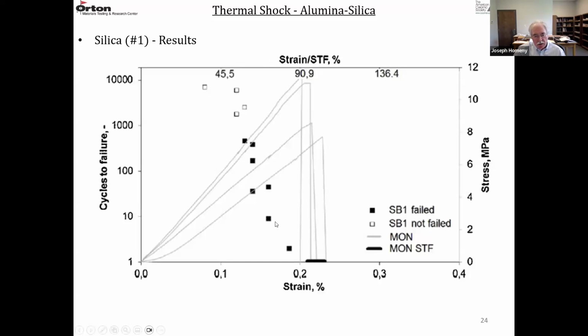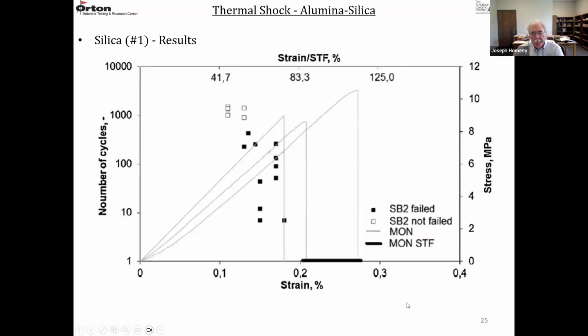So when you reach a higher strain, the solid squares indicate they failed after this many cycles. And these didn't even fail at the lower strains after many cycles, maybe somewhere between 1,000 and 10,000. And then they did the same thing for SB2.